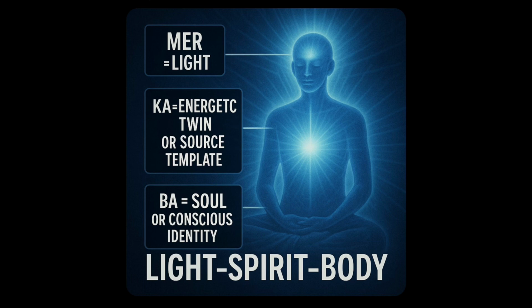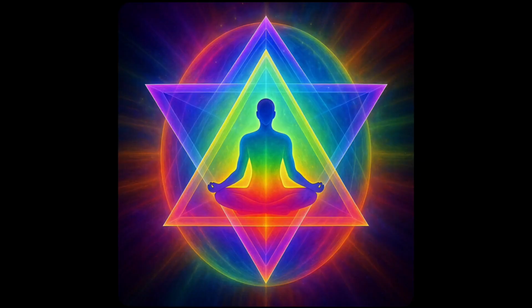It's your source template. They said the Mer and the Ba are other elements that then combine with this Ka or this source template to act as your life vehicle. Your vehicle to experience life in each aspect at any dimension.